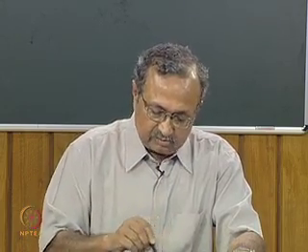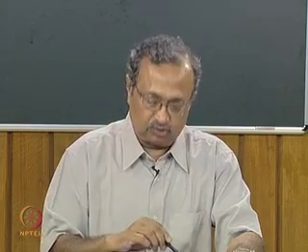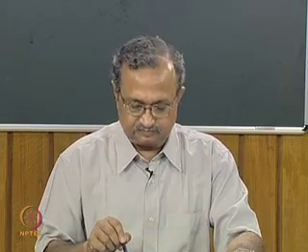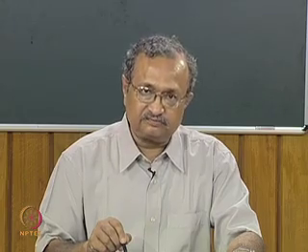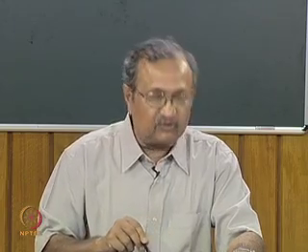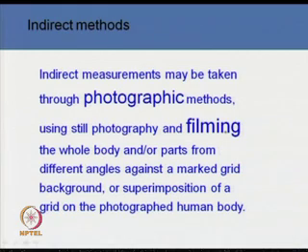Indirect measurements may be taken through photographic methods, using still photography and filming the whole body and or parts from different angles against a marked grid background, or superimposition of a grid on the photographed human body. But in this case, we must consider the problem of parallax error.